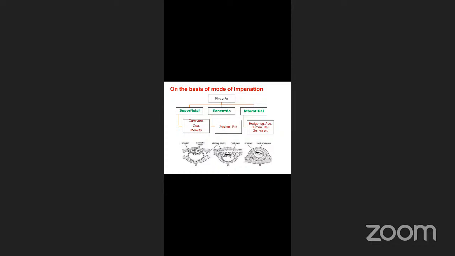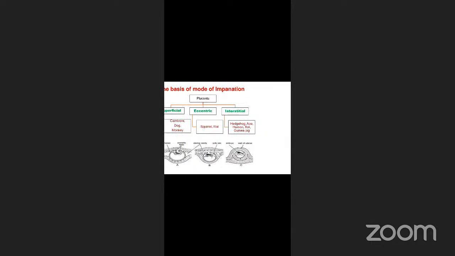Based on the type of implantation, the placenta is of three types: superficial, eccentric, and interstitial. Superficial we see in dogs, monkeys, and carnivores; eccentric in squirrels and rats; interstitial in hedgehog, ape, humans, bats, guinea pigs, etc. We will look into the details.